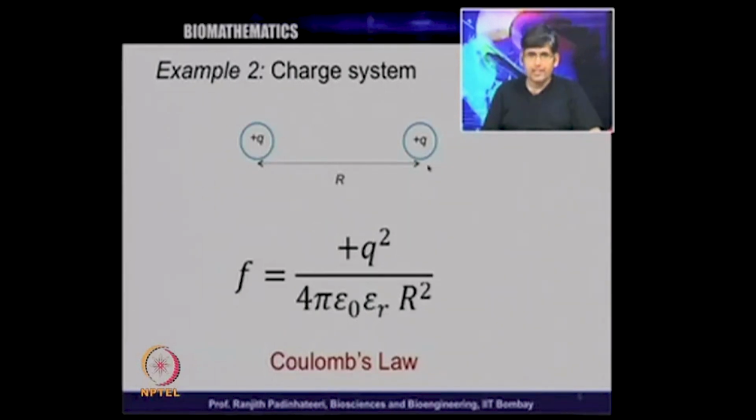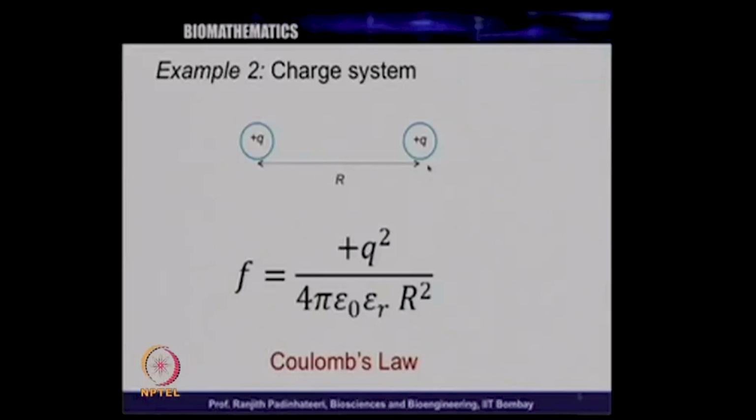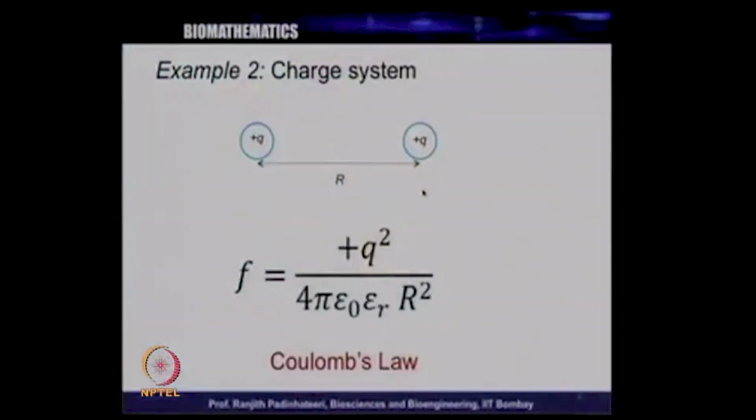And we know that in such a case, what is the force? The force is given by Coulomb's law, F is q square divided by 4 pi epsilon 0 epsilon r r square, where epsilon 0 and epsilon r are the permittivity of vacuum and the relative permittivity. You know these constants from your school classes.